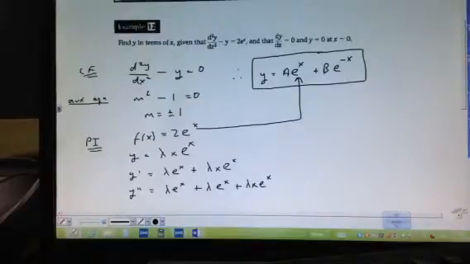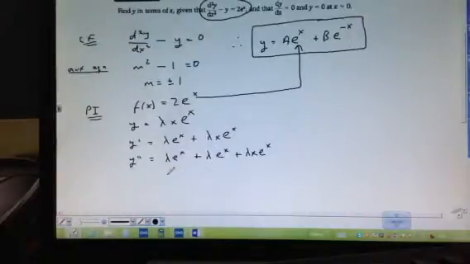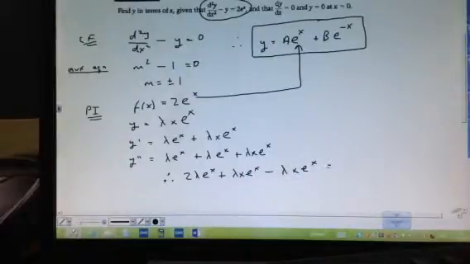And what it says is that we've got that is equal to that. So therefore I've got 2 lambda e to the x's plus lambda x e to the x minus y, and y happens to be that, which is lambda x e to the x, and that is equal to 2e to the x.